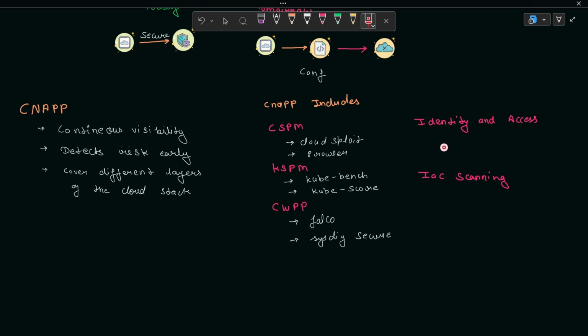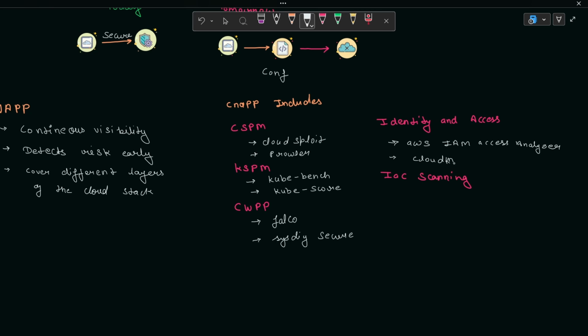So for example, if we have created any users in any of the cloud platforms, we should follow least privilege, like providing limited permissions to the respective users or roles. Some of the tools to detect these types of security misconfigurations are AWS IAM Access Analyzer and CloudNox.